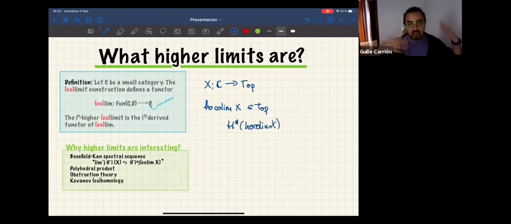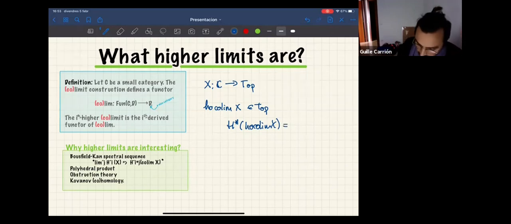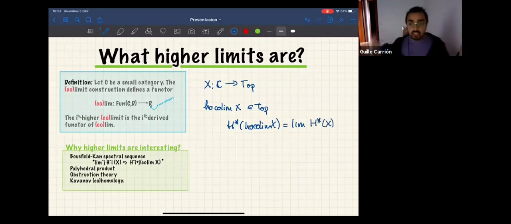And maybe we can compute this, because we don't know any property of this topological space, but we can think, okay, maybe we can do this commutativity, and if this works, this is easy to compute.